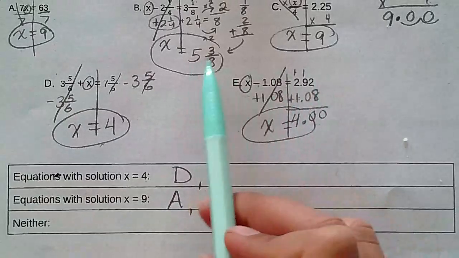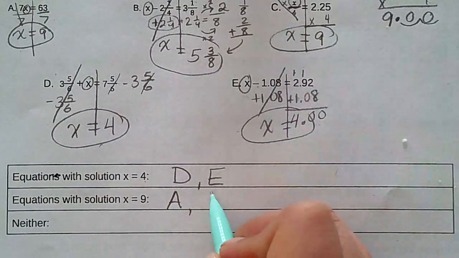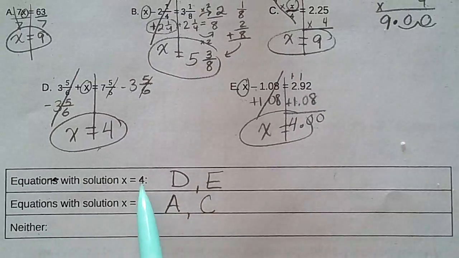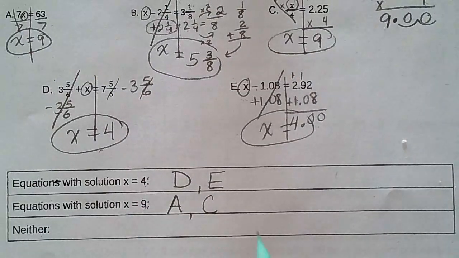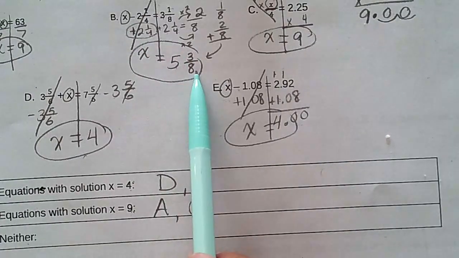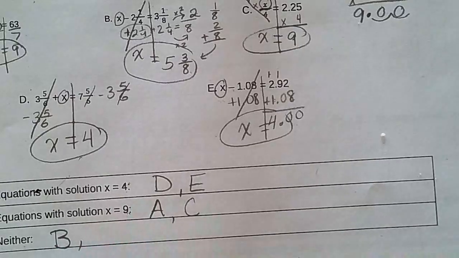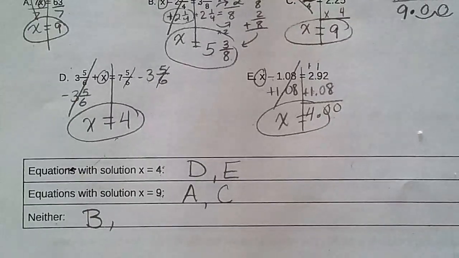A equals 9, C equals 9. And what equations don't have either one of these as a solution? Well, that was 5 3/8 for B. And was there another one? No, that was it. Okay, so there we go.